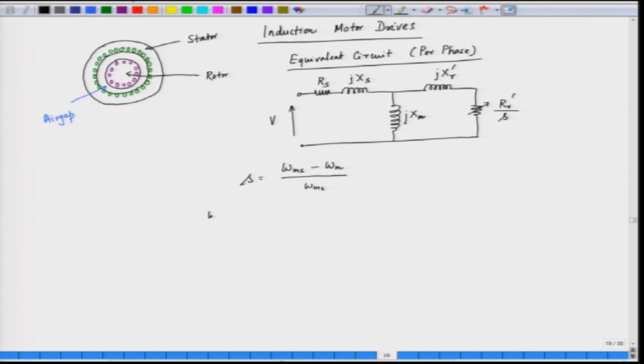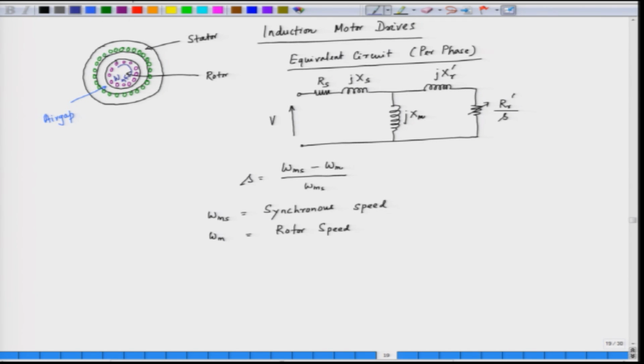What is omega ms? Omega ms is called the synchronous speed, and omega m is the rotor speed. The rotor rotates in a given direction. Let us say it is rotating in the clockwise direction at a speed of omega m, and the stator has 3-phase windings.